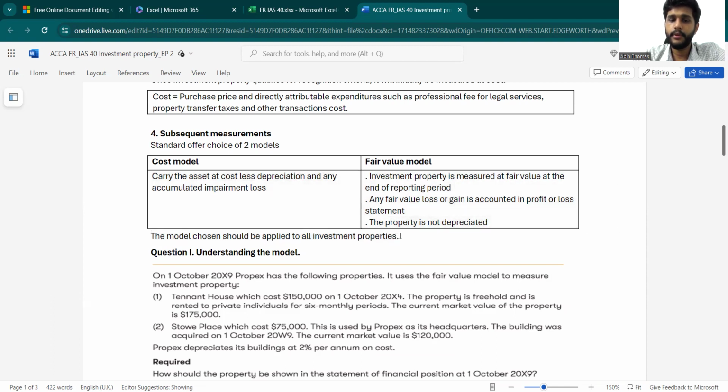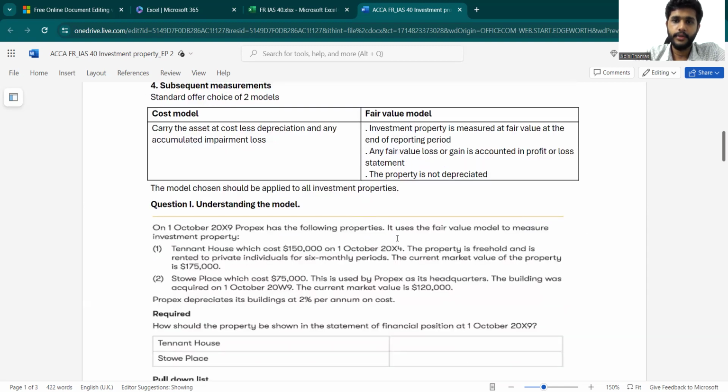These points are theoretical, but they will be tested in the FR exam. So you should have the complete picture of how the models differ from each other and how the management fixes the model. And when they fix a model, that model has to be applied to all the investment properties.